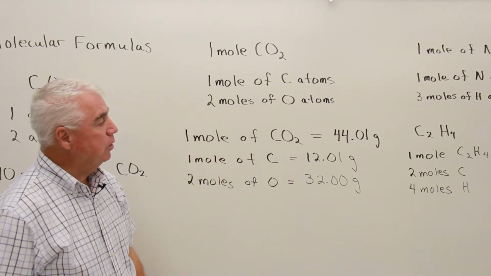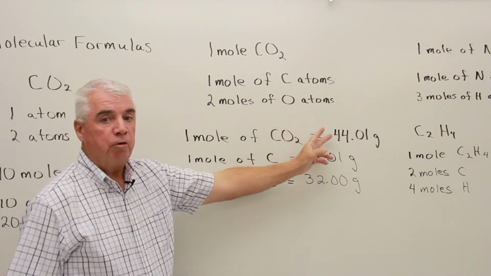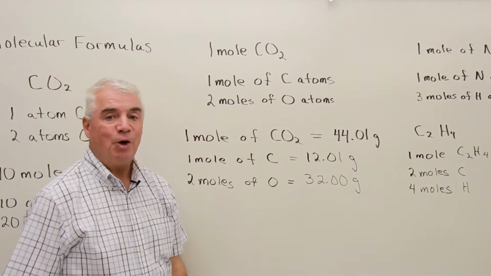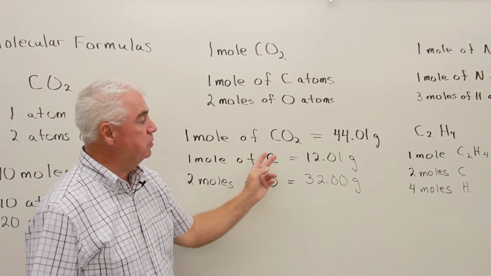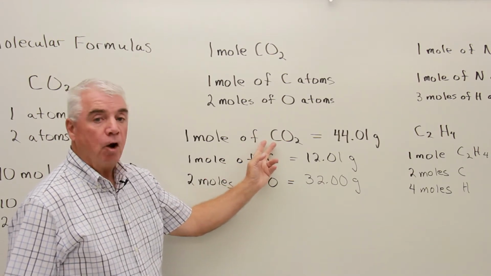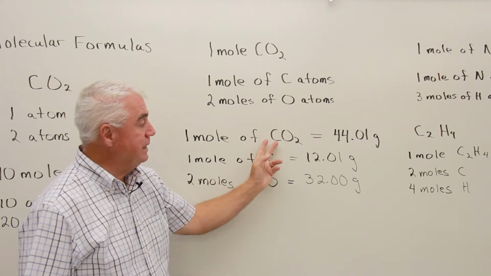And the useful part of the mole concept comes when we apply it using grams or mass. 1 mole of CO2, you know, is the molecular weight in grams. We could go to the periodic table of elements, find carbon, it's 12 in atomic weight.